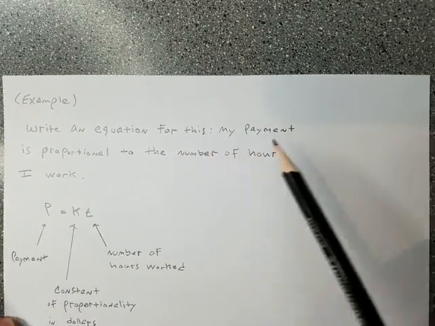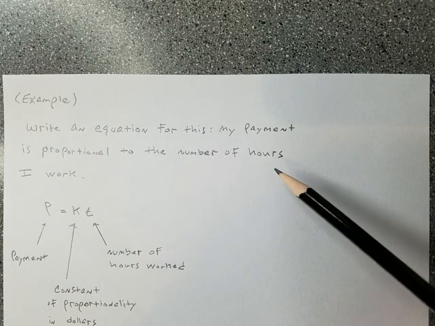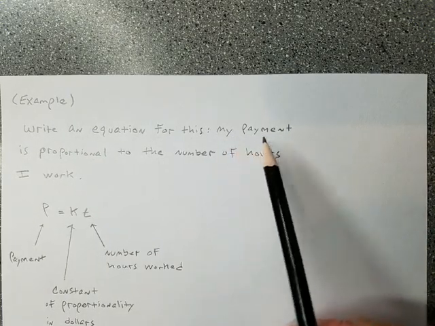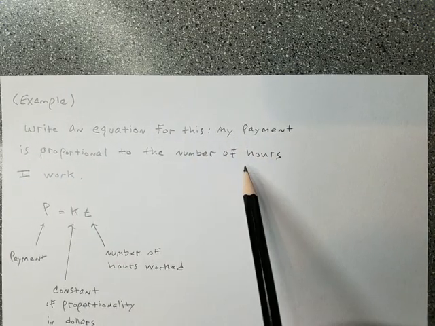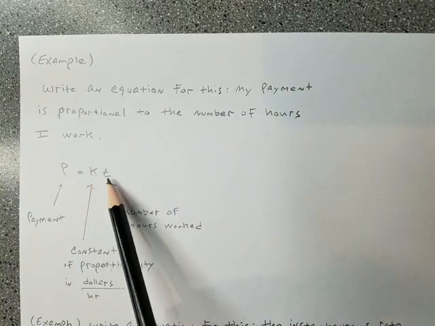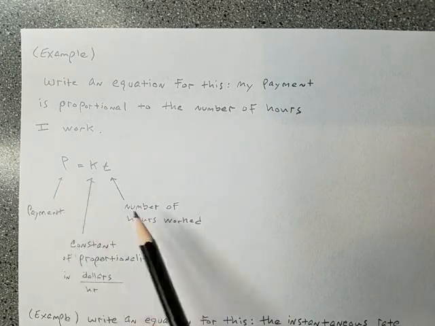Well, for anybody that works at an hourly rate, that's a familiar situation. So here's what it means for one thing, payment, to be proportional to another thing, the number of hours you work. P, the payment, is equal to K times T. T is the number of hours you work, P is your payment.